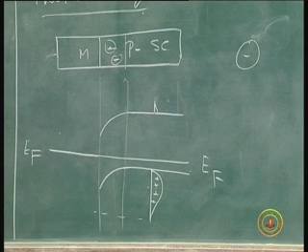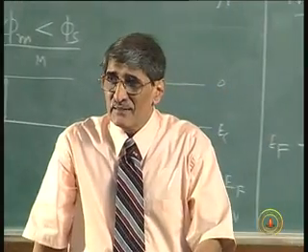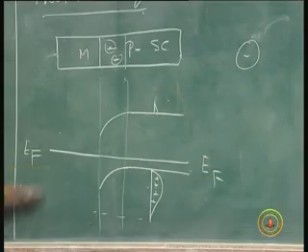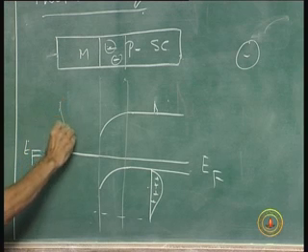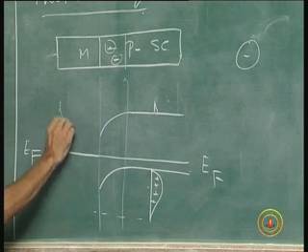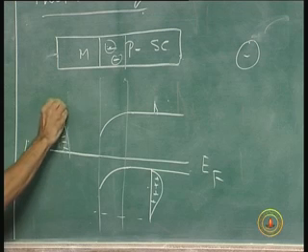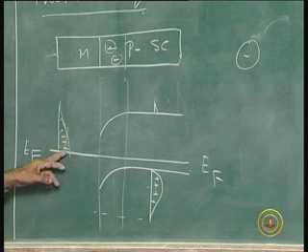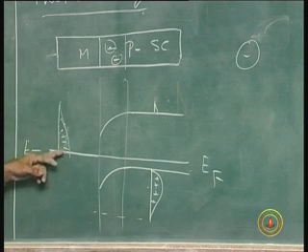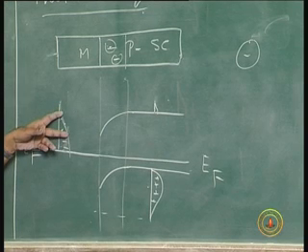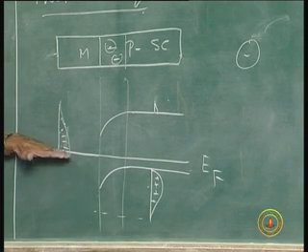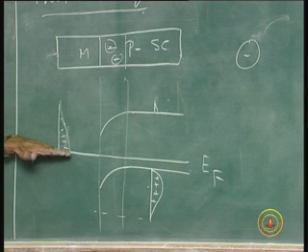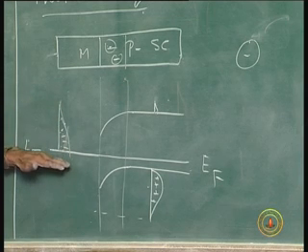And in the metal also you can talk of holes, in the sense that you have electrons here, coming like this. What is this due to? Where has it come from? From here. If you go down to very low temperature, most of the electrons will be below that.